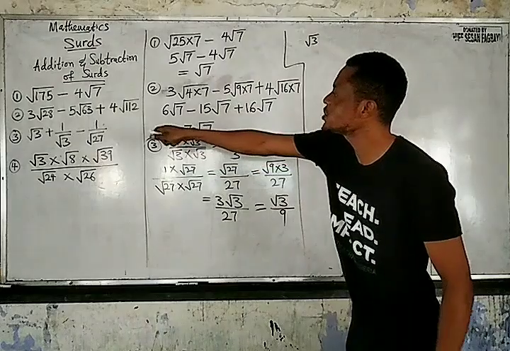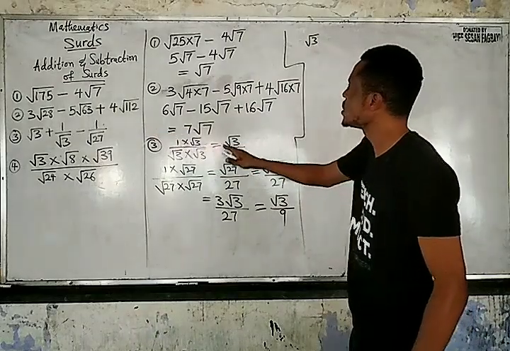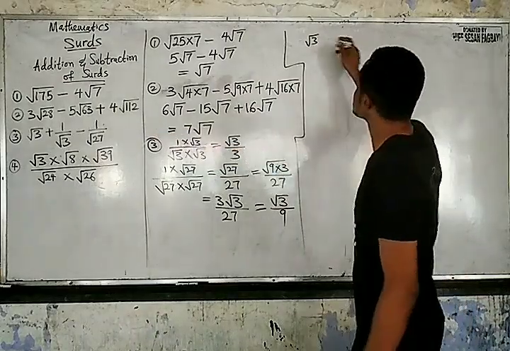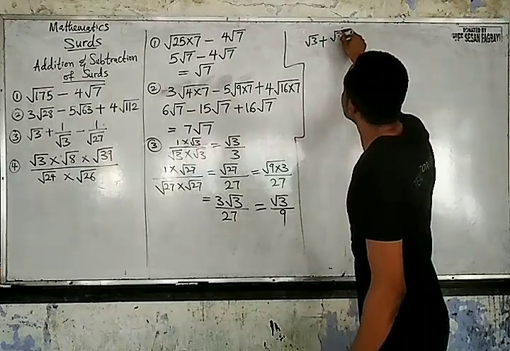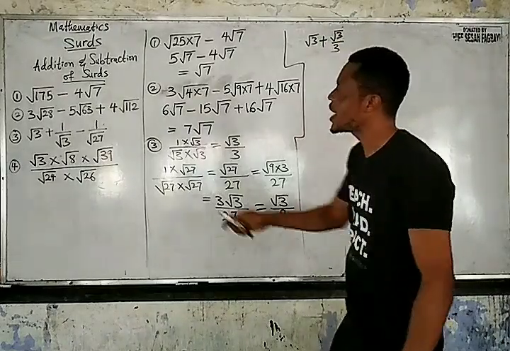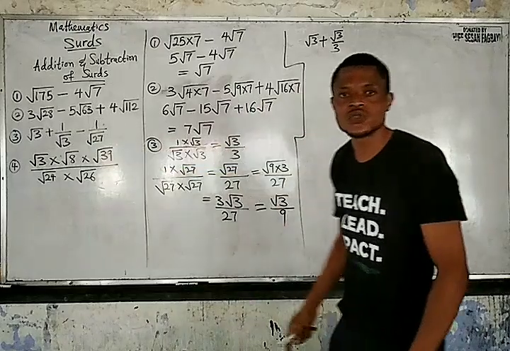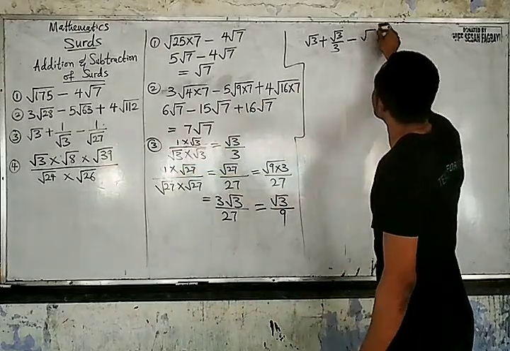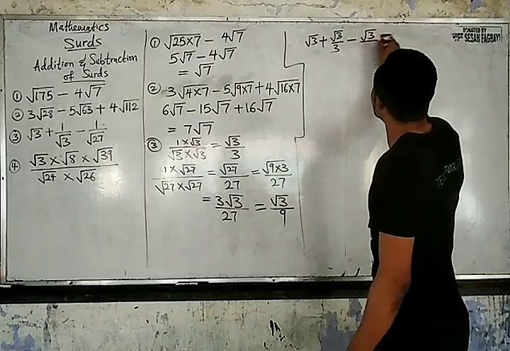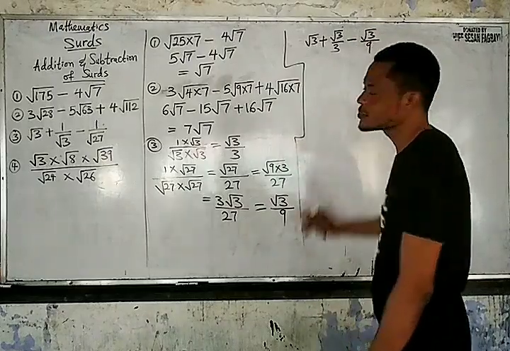Then the first one we rationalize 1 over root 3, which gave us plus root 3 over 3, and lastly minus 1 over root 27, which is minus root 3 all over 9.